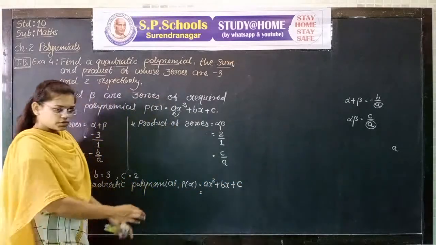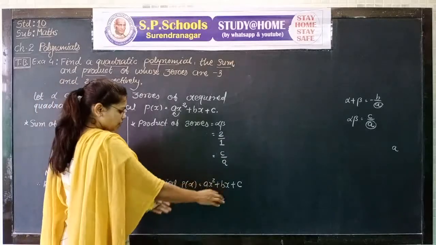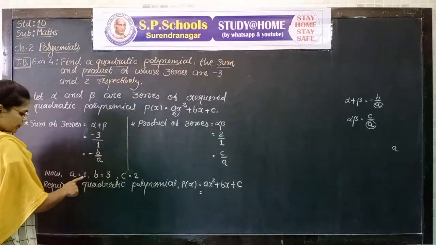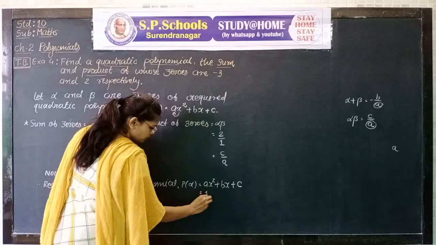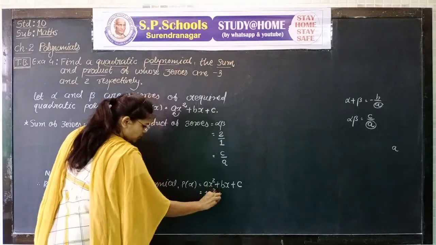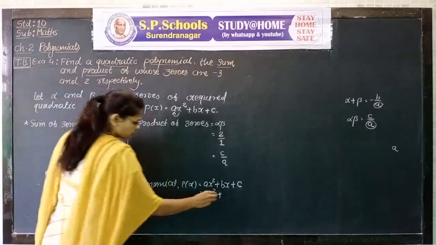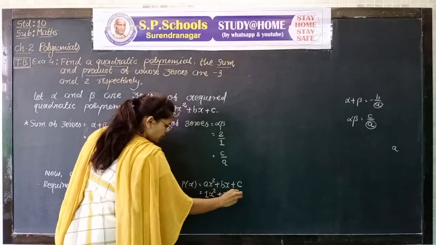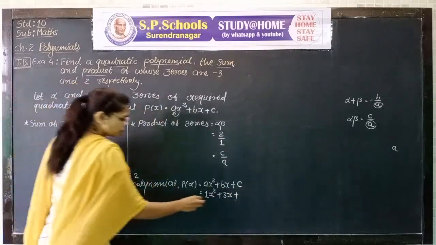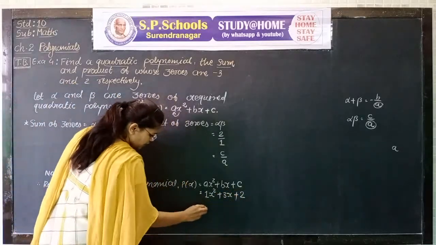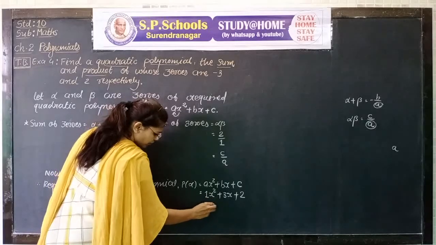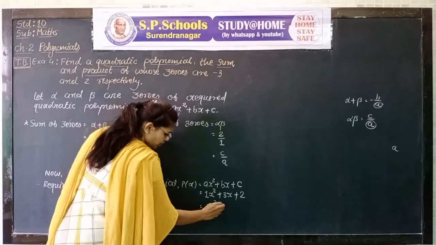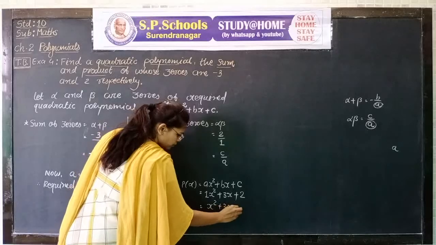Now we substitute the values of a, b and c in this form. Instead of a equal to 1, x square as it is, plus instead of b equal to 3, 3x as it is, plus instead of c equal to 2, is equal to 1 multiplied by x square, which is x square plus 3x plus 2.